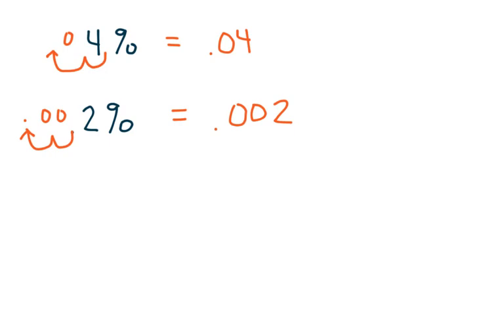Now let's take a look at going the other direction, where we will convert decimals into percents. The first one we'll look at is 0.75, which is written as a decimal. We're going to turn that into a percent. When we wanted to convert a percent to a decimal, we divided by 100. So if we're going to convert a decimal to a percent, now we are going to multiply by 100.